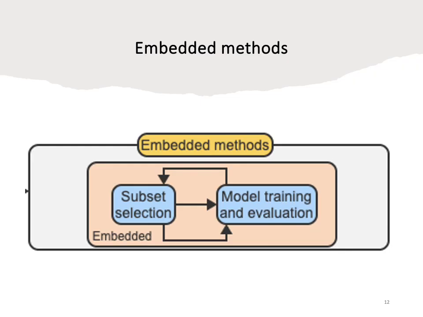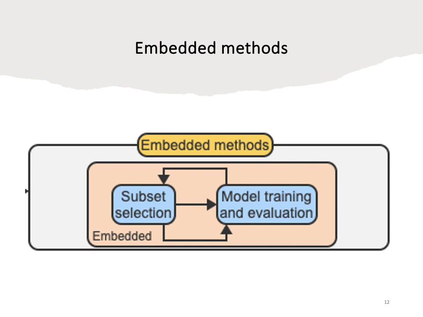The last type of feature selection methods is embedded methods. This type of method selects the most relevant features during the model training phase. They differ from filter and wrapper methods in that they are an integral part of the model building itself.